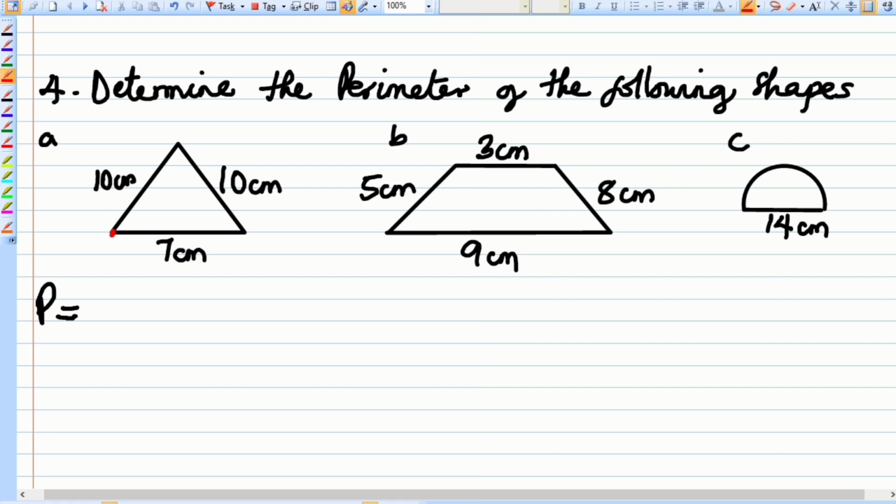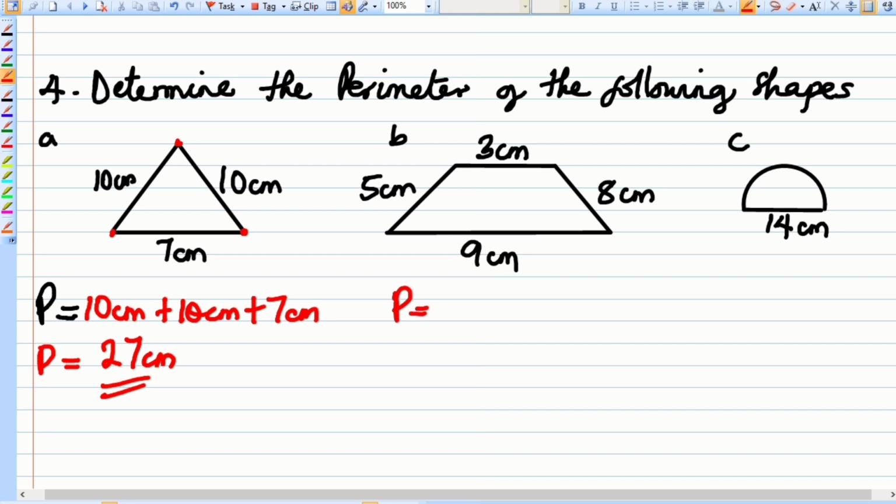So from this point to this point, we have 10 cm. So we add to this point, we have another 10 cm. Then we have 7 cm. So the answer will be 10 plus 10, which is 20, plus 7, 27 cm, and that's the answer.